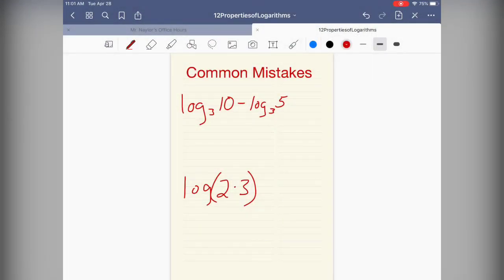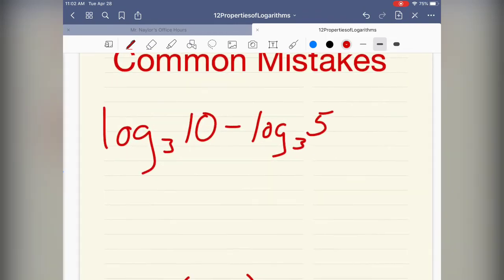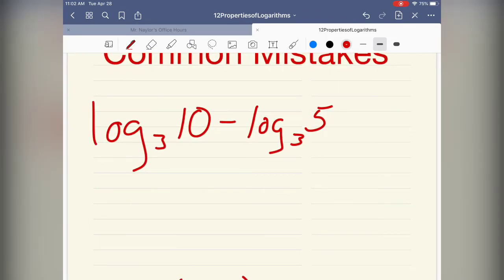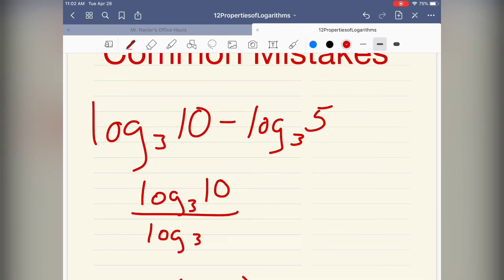I wanted to end the lesson by going over 2 common mistakes, ones that I wasn't able to really bring up in the examples, but students often ask about. Now, this first one here, we see that we're subtracting 2 logs, and students will say, well, I know subtraction means fraction, but the problem I see is that students make too much fraction. They will take the log of 10 and divide it by the log of 5.